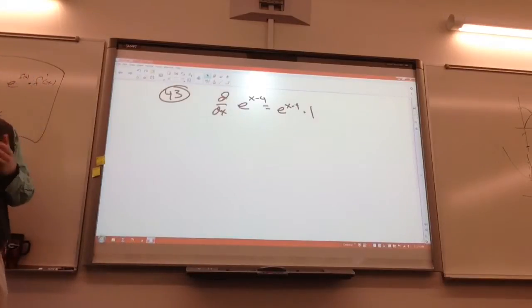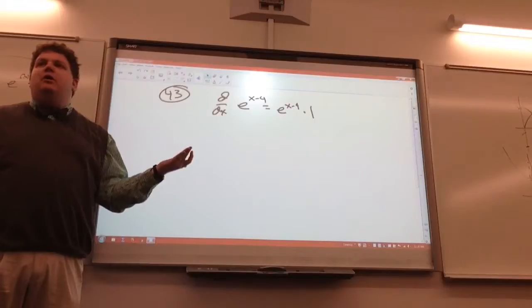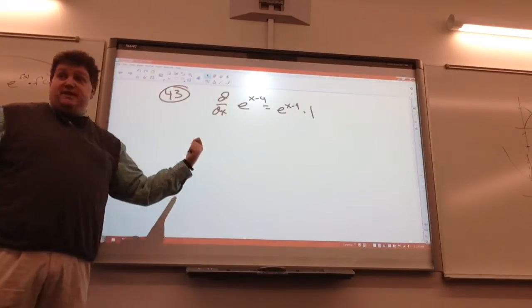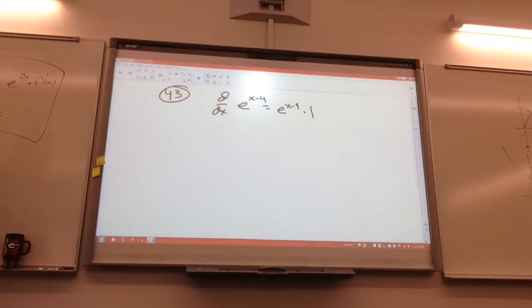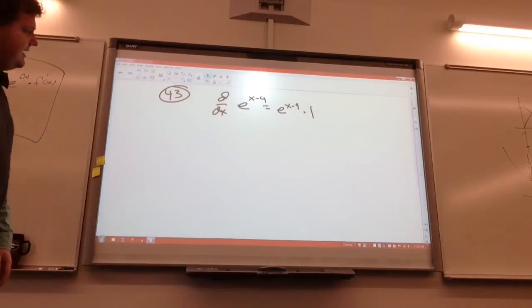It comes from manipulations of the natural logs and stuff. But if you actually sat down, everybody, and did this out using the limit definition of derivatives, this would be the answer. This is what you would end up getting every single time. It's just how e to the x works. It's very self-referential.